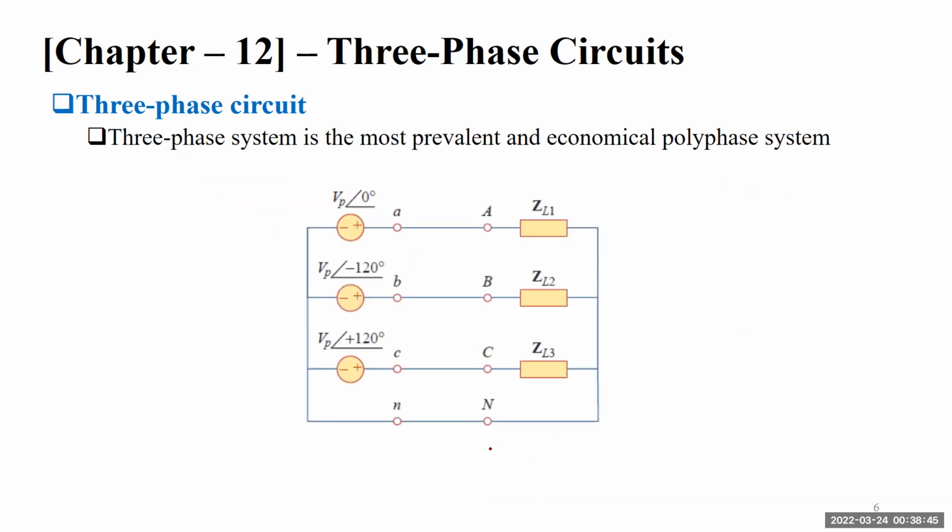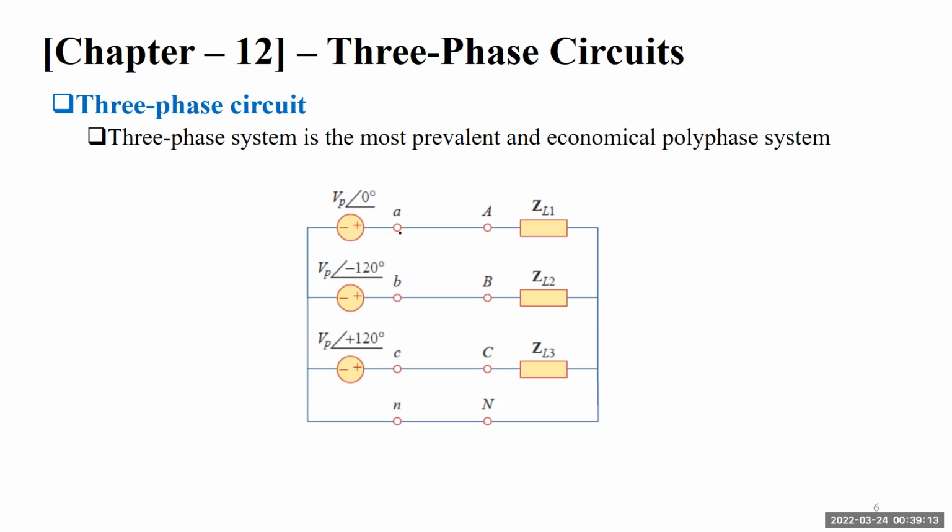So how does a three-phase circuit single line diagram look? It looks something like this. We have phase A connected with the neutral, phase B connected with the neutral, and phase C connected with the neutral. Similarly, the loads connected from phase A to neutral, phase B to neutral, and phase C to neutral are given as ZL1, ZL2, ZL3.